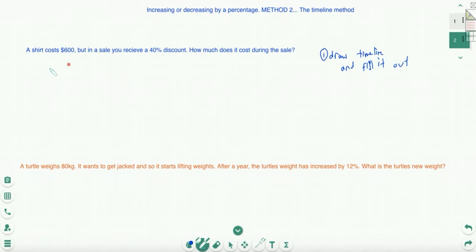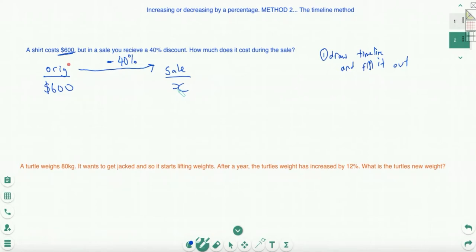So we have the original price of a shirt, and we have our sale price of the shirt. And the shirt originally cost $600. We are receiving a 40% discount, so between the original price and the sale price, we're subtracting 40%. And we're trying to find the new cost.